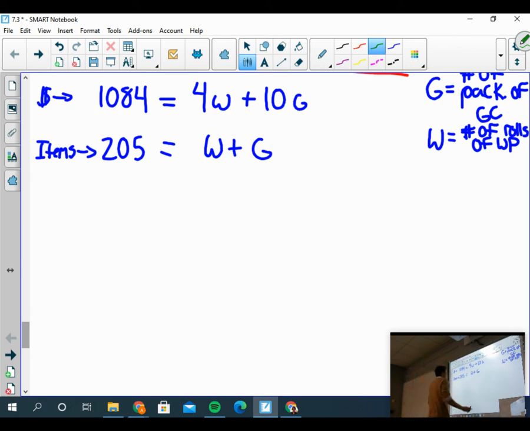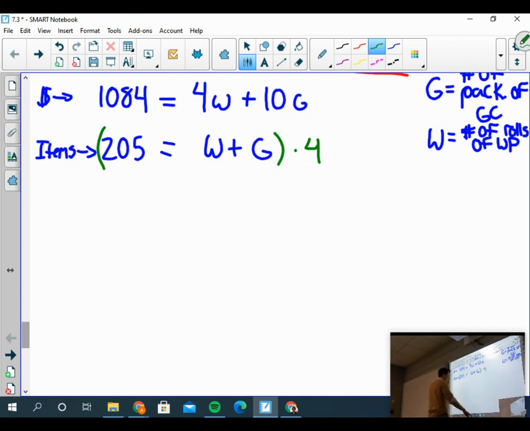Well, I have a couple options here. I could multiply the bottom equation by 10 to cancel out the G's, or I could multiply the bottom equation by 4 to cancel out the W's. Since I'm only going to have to multiply by 4 to cancel out the W's, that seems like the easiest move to me.